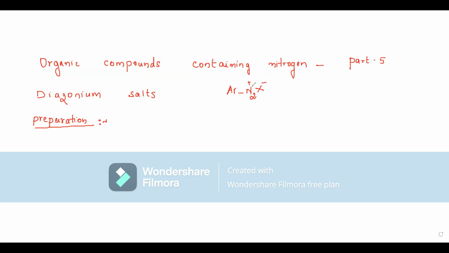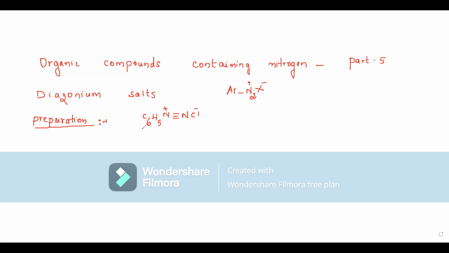So Ar-N2+ X-, this kind of salts are called diazonium salts. We will have to study only about C6H5 N triple bond N Cl-, that is benzene diazonium chloride.